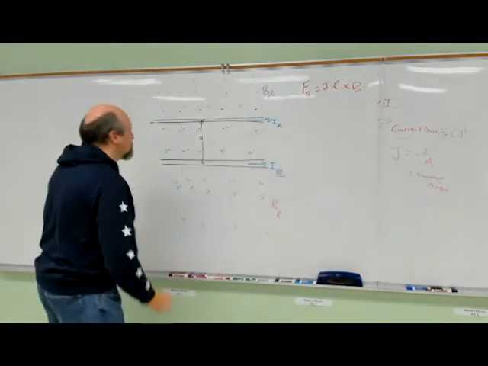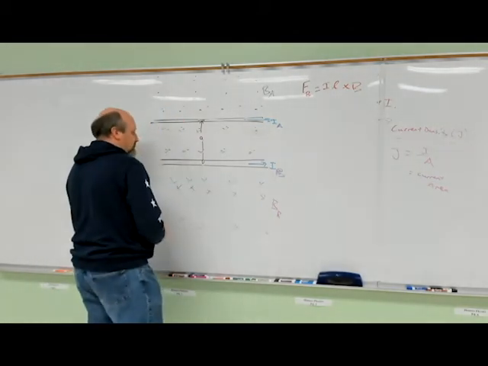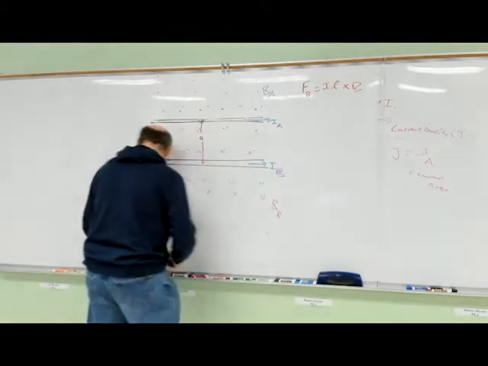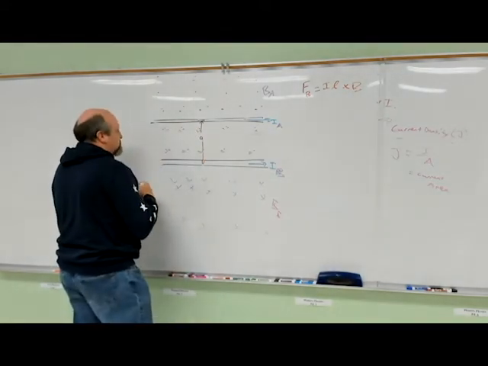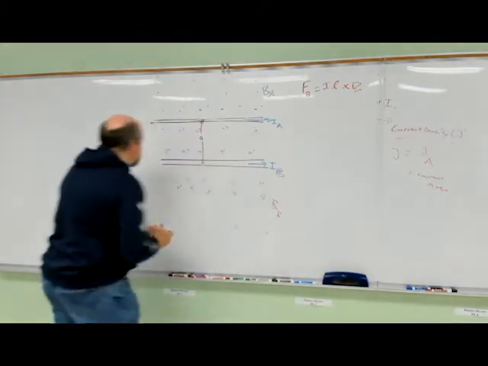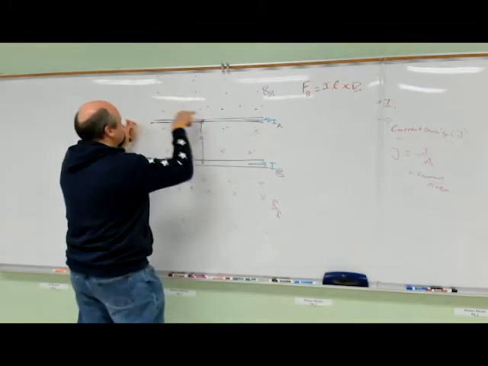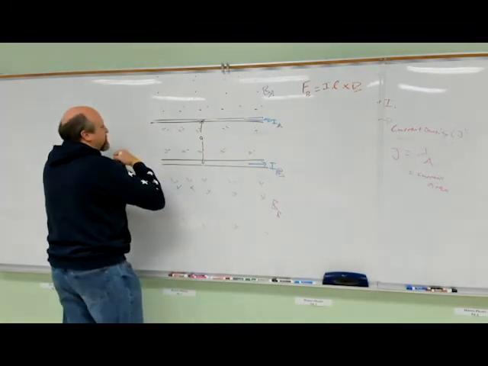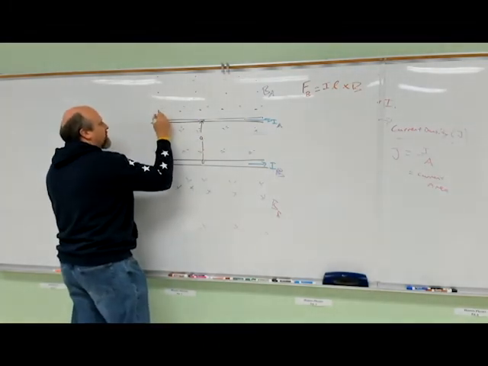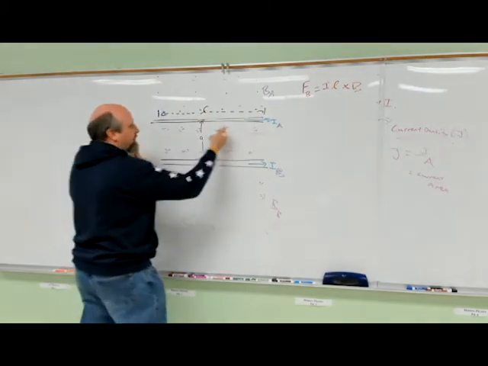Okay. And so, in this case, let's invent another variable. Maybe this wire comes in and goes across and then goes out, and this one comes in and goes out. The point is, they're just parallel to each other for this length L here. This is just the part where they're parallel, and then they curve off somewhere.